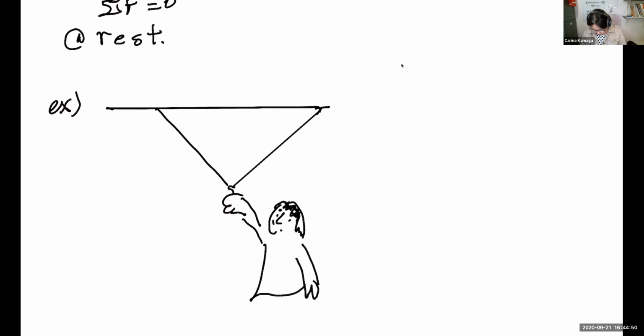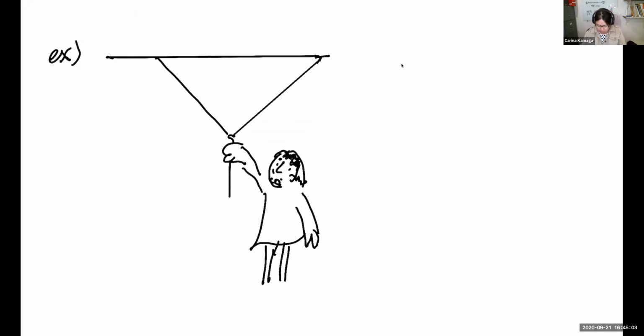Something like that. So she's supporting herself from these two ropes. She weighs, let's say, 600 newtons.